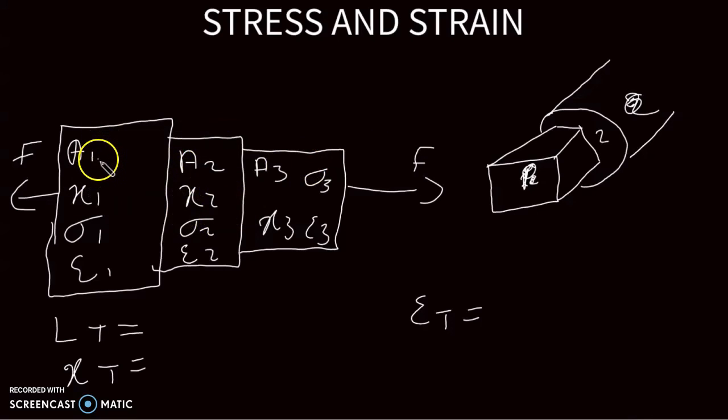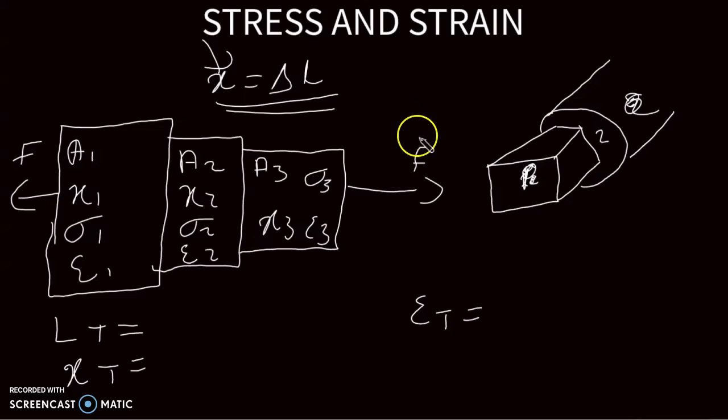We are going to calculate for the area, the change in length, the stress, and the strain of this one section separately. Calculate for the area, change in length, stress, and strain for this part separately, and also this part separately. And if you're wondering what X is, X is the same as change in length. Most of the books used in this topic, strength of materials, mostly use X as the change in length.